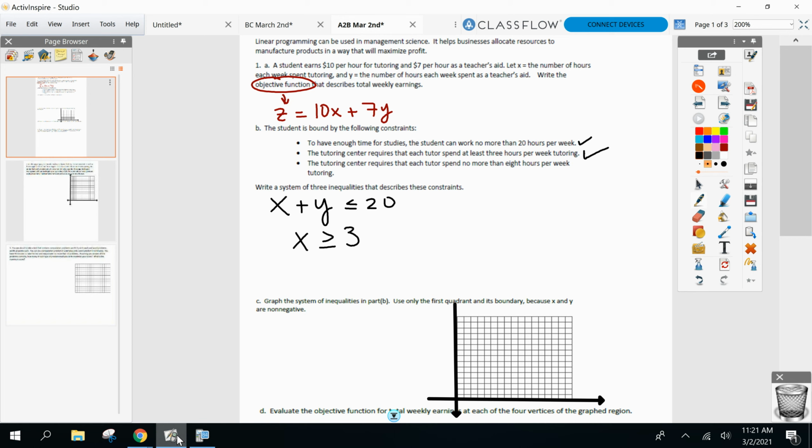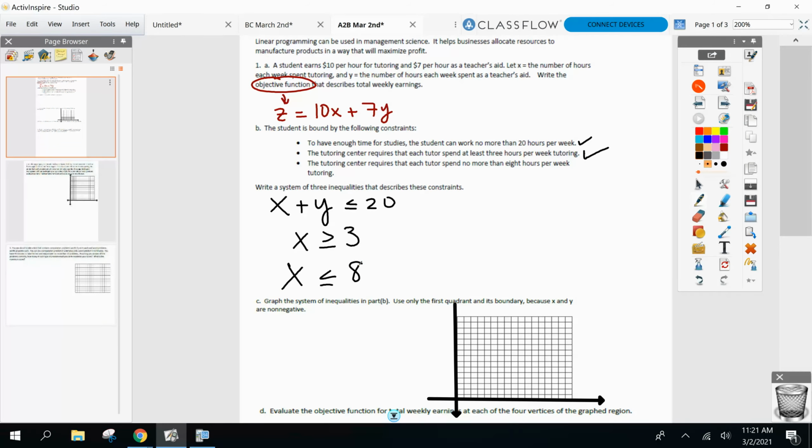Would it be x plus y? Well, hold on. Why? Where's the y? Because the y is the number of hours you spend as a teacher's aide. Again, Liz, we're just talking tutoring, so just keep it X. Go ahead. X is less than or equal to 8. Got it.